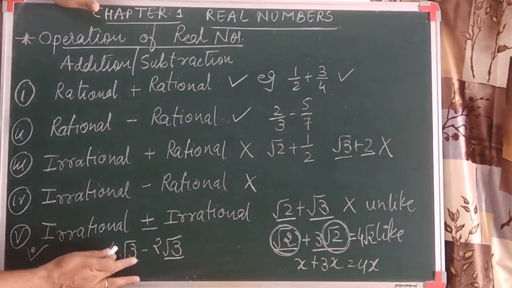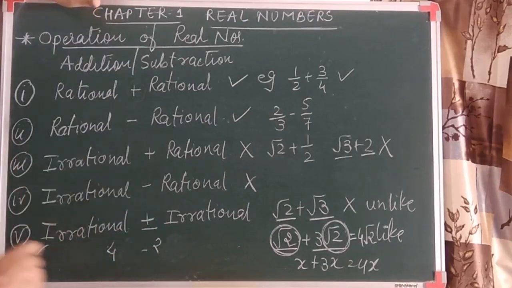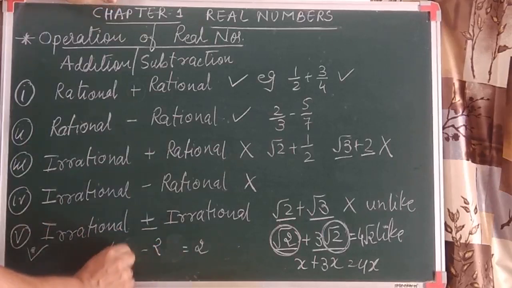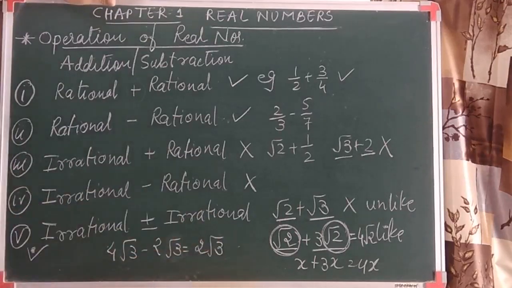So forget about this root 3, हम इसको भूल जाएंगे. Now what is 4 minus 2? The answer is 2. But as the irrational is root 3, the answer is 2 root 3. Are you getting this? This is very important to understand.